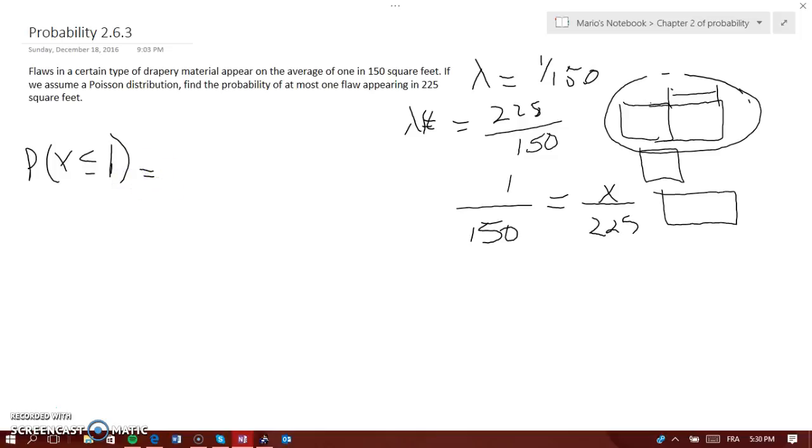If you use your calculator, you would write a summation, because it's a Poisson. Remember, the Poisson distribution is e to the negative lambda times lambda to the power of x over x factorial. So basically, you would type e to the power of negative lambda. Now, lambda is 225 over 150.